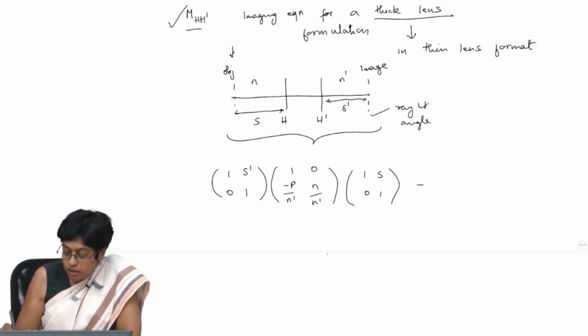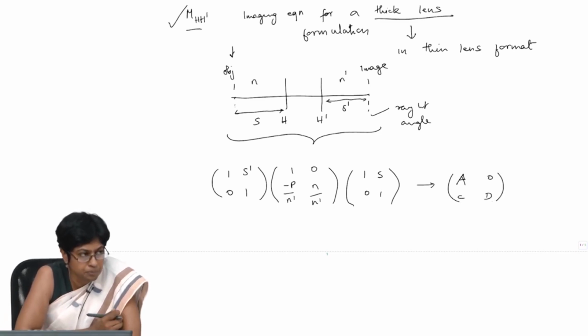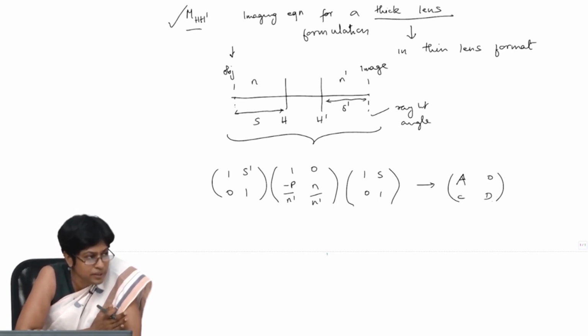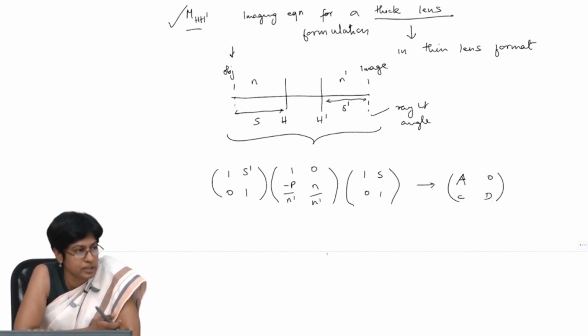We want this to translate to a matrix of this form. Why of this form? Yes, so that means it's an imaging condition, right? Irrespective of the angle, everything from one point on the object goes to one point in the image.